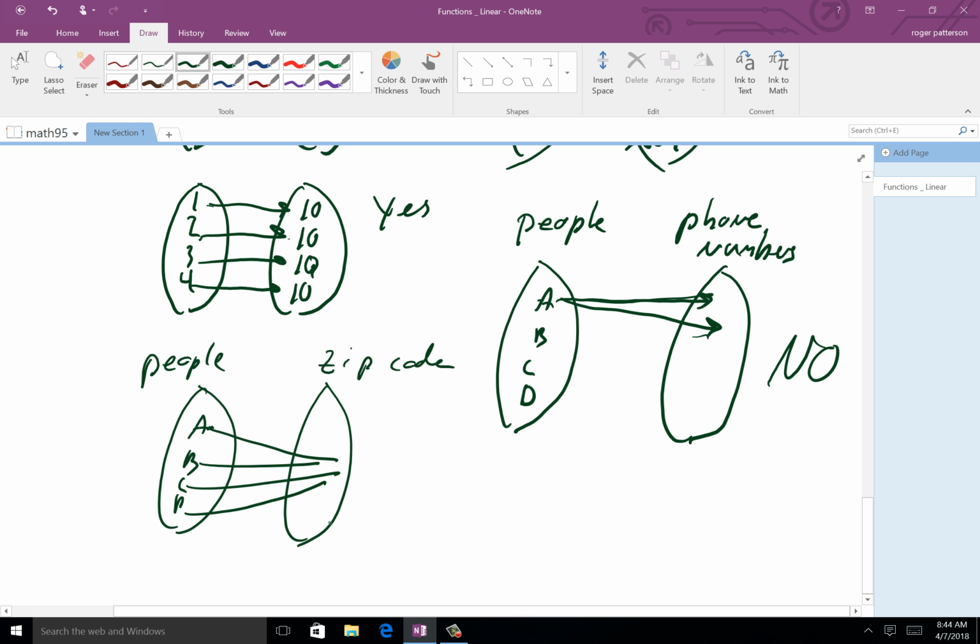Is that a function? Yes, it's okay as long as they all have the same one, but they're just one-to-one. You're not going to have two zip codes. That would confuse the mail people, right? They wouldn't know where to deliver your mail. So, those are what functions kind of look like.